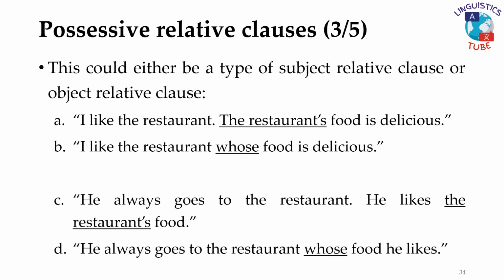Here is an object possessive relative clause. He always goes to the restaurant. He likes the restaurant's food. He always goes to the restaurant whose food he likes. Like with a standard object relative clause, the object of the second full sentence is the antecedent of the relative pronoun, and even though the object was at the end of the sentence, the relative pronoun and noun move to the beginning of the relative clause.